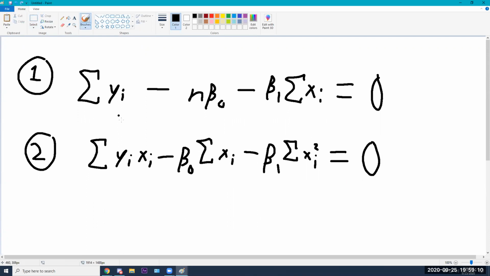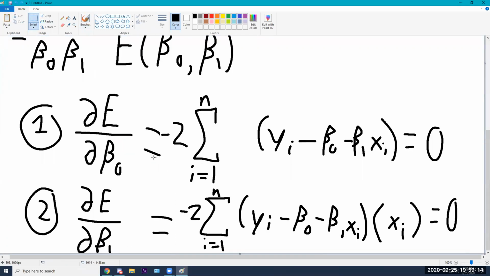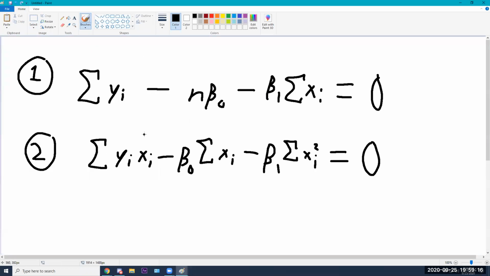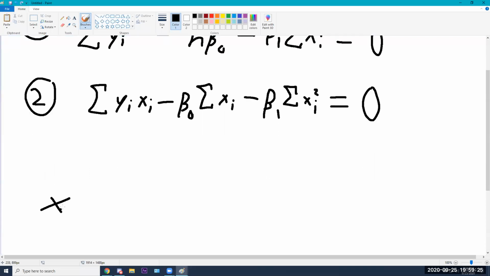Okay? If you remember, our first one is for optimizing our beta naught, and our second is for optimizing beta 1. The next thing we want to do is introduce a new notation. This x bar is equal to the average of all the x values. How do you get the average of a set of values? You add them all up and divide by however many values there are.